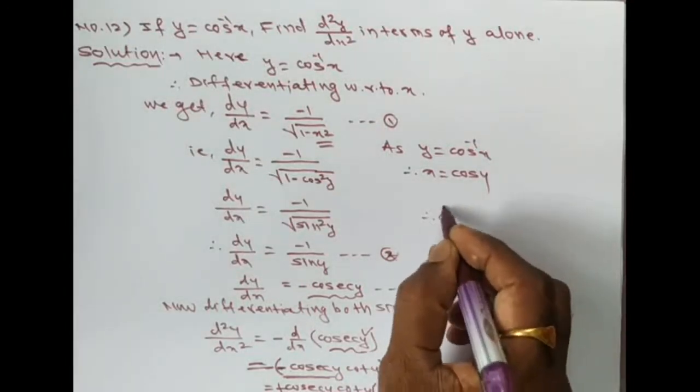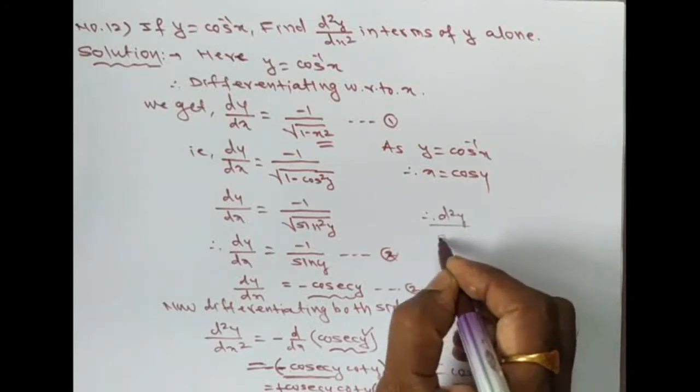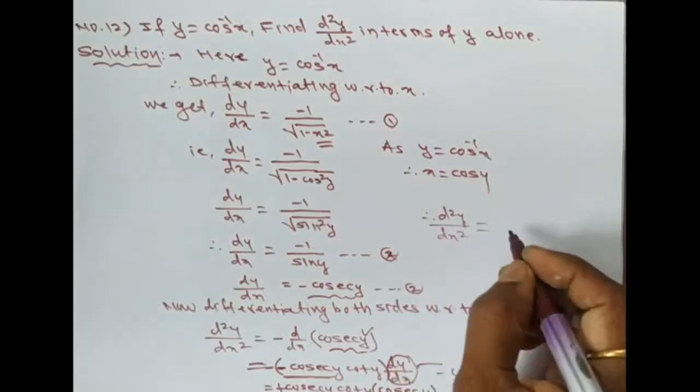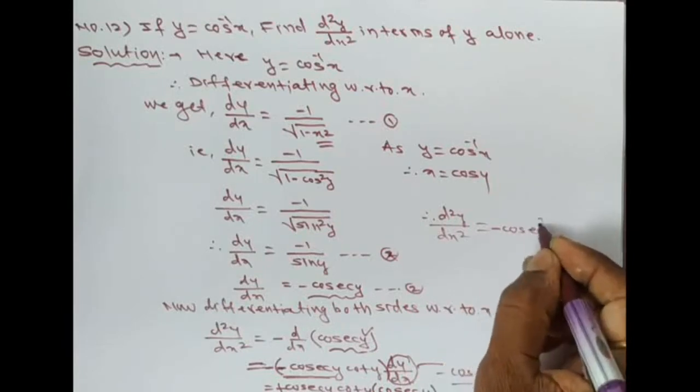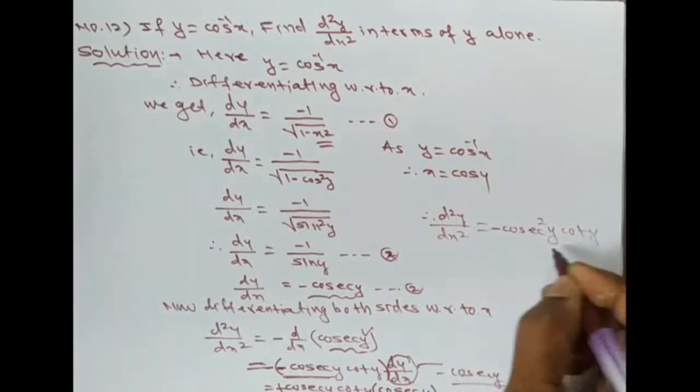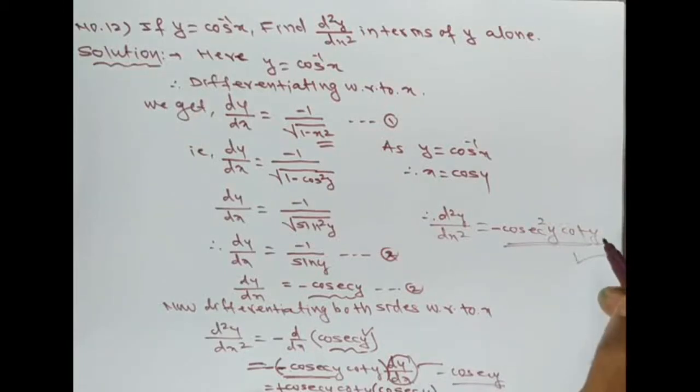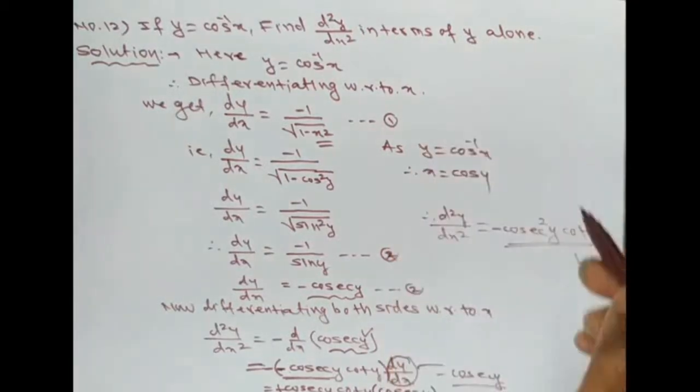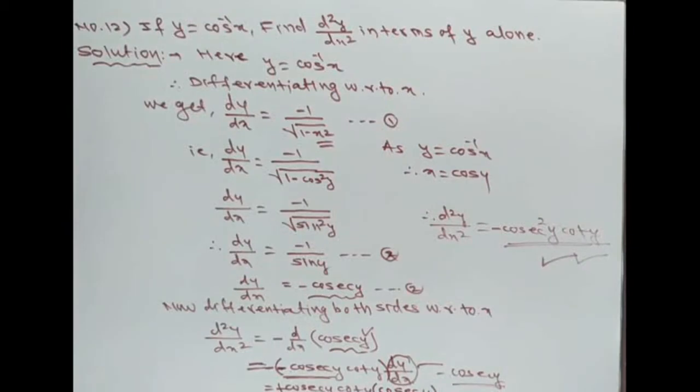So it becomes minus cosec square y cot y. Now this is in terms of y. Therefore d square y by dx square equals minus cosec square y cot y. So this is the second derivative in terms of y alone. Now it is in y. Okay, students.